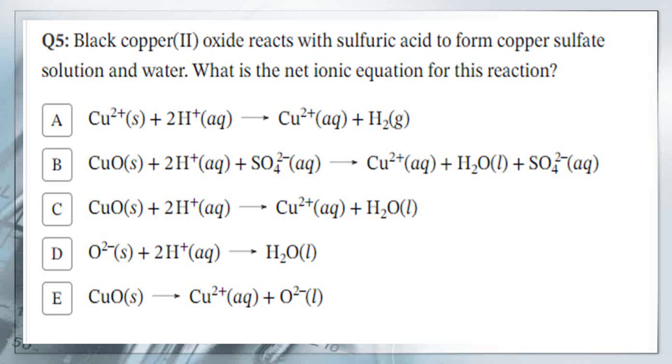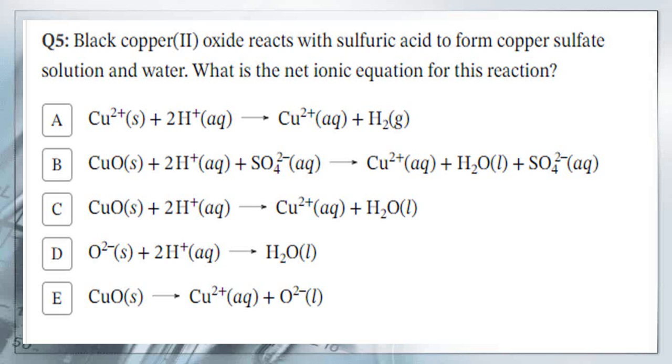Copper oxide, we took it in the previous year, is a solid substance. So if it reacts with sulfuric acid, it will form a salt, copper sulfate solution, meaning the salt dissolves in water, and water at the end of the reaction. What is the net ionic equation for this reaction?